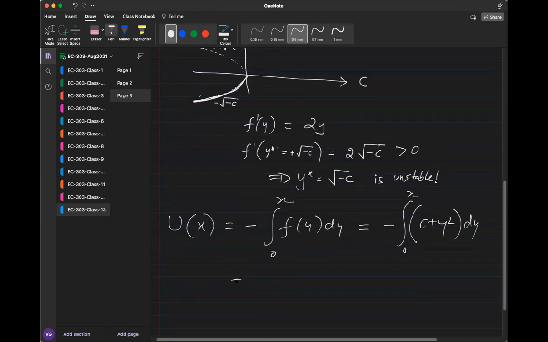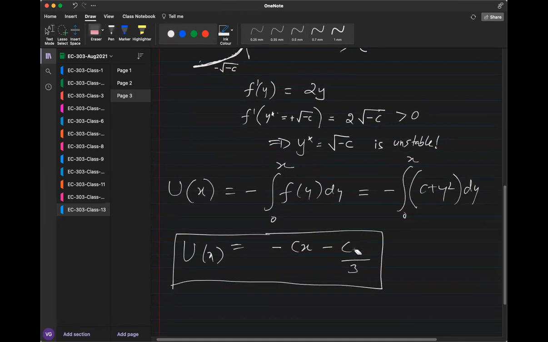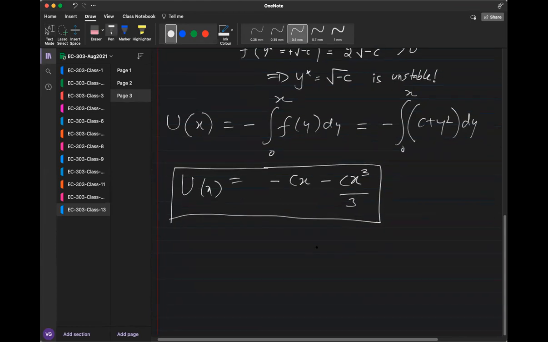What would that be? Minus cx minus x cube by 3. Sorry, it's x cube. So the potential is minus cx minus x cube by 3.